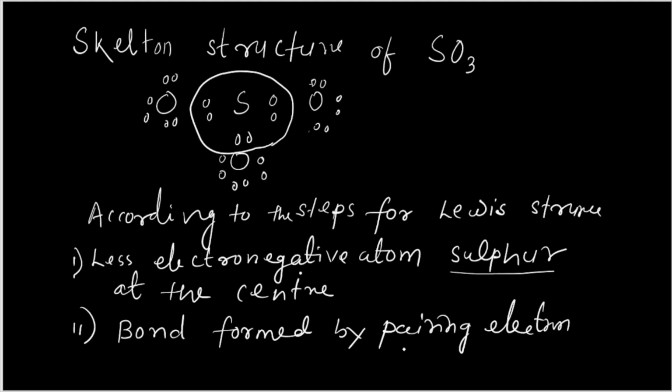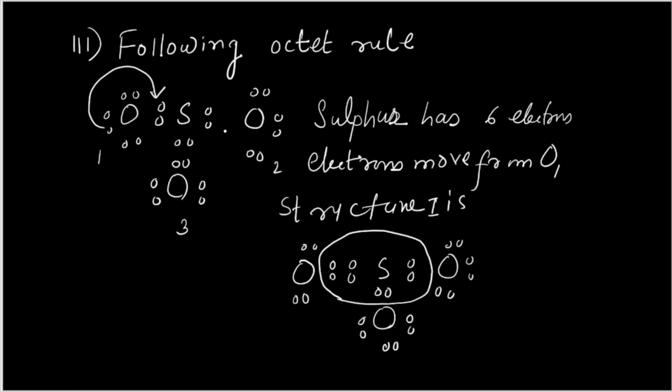A bond forms by the pairing of electrons. Between sulfur and oxygen, one pair of electrons makes one bond, and the 3 oxygen atoms form 3 bonds with sulfur.